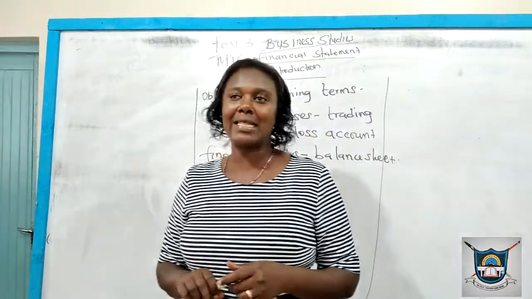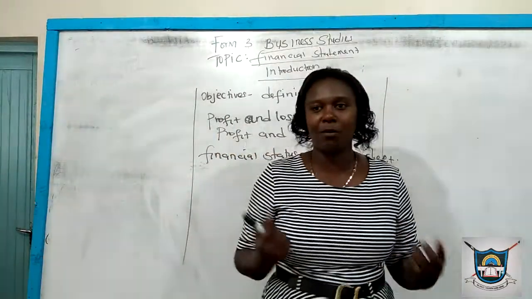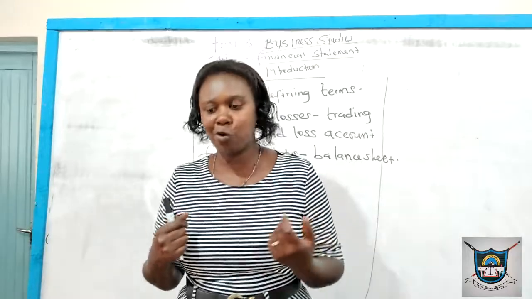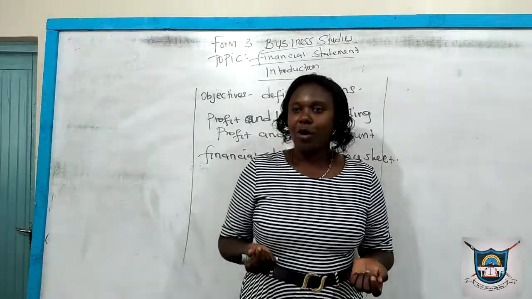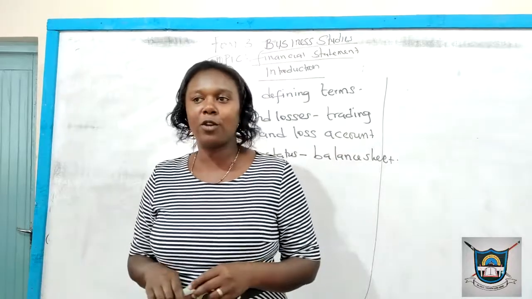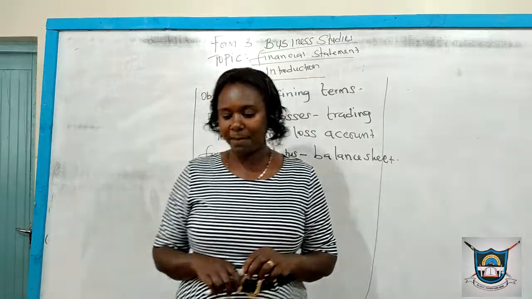Some businesses may decide that after every month they will determine their performance. Others will go for a whole year. Others will go 6 months. So most businesses will go for a whole year, then they determine the performance of their businesses.